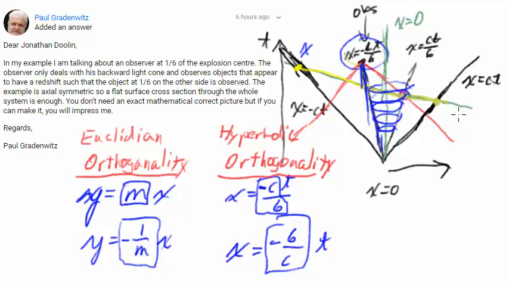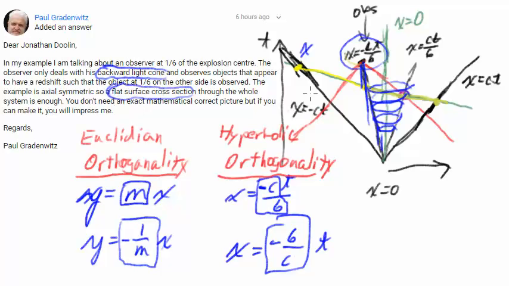It depends which one is of interest here, because he said something about the backwards light cone, and he also says a flat surface cross section.